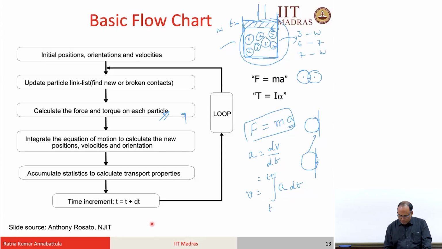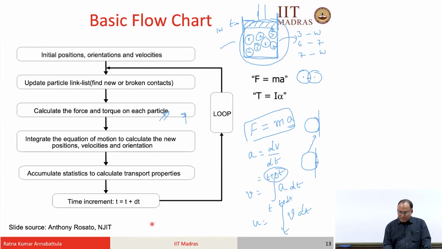So what I am getting here is the velocity at time t plus delta t. Then you will calculate the displacement, that is the integral of v dt from time t to t plus delta t, correct.